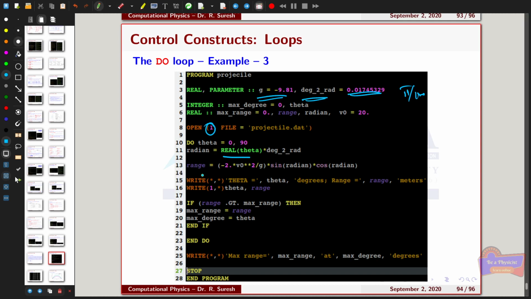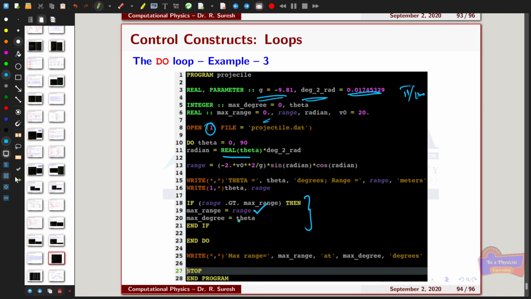To find out the maximum value of the range, you have a different algorithm. First I have initialized the max range as 0. Then I check whether the range value is greater than the max range of 0. If it is true, then the value of range is transferred to the max range.